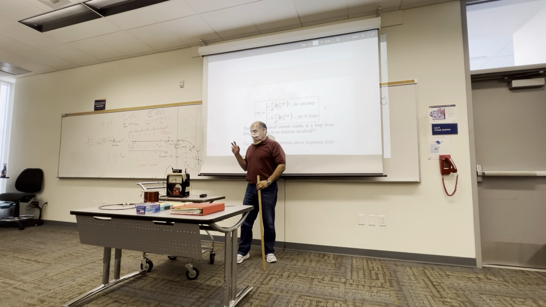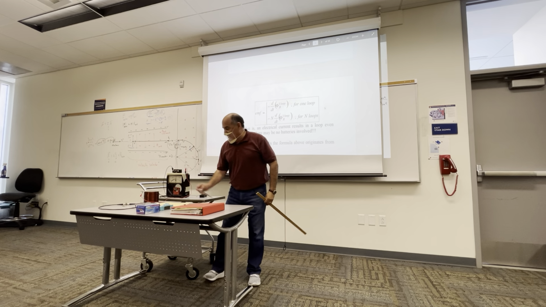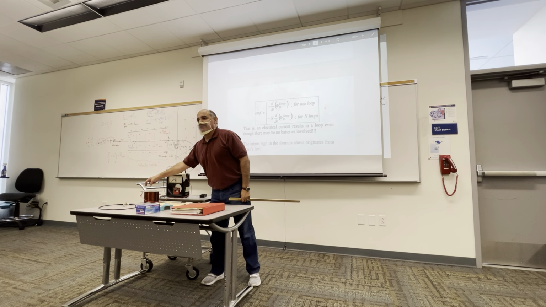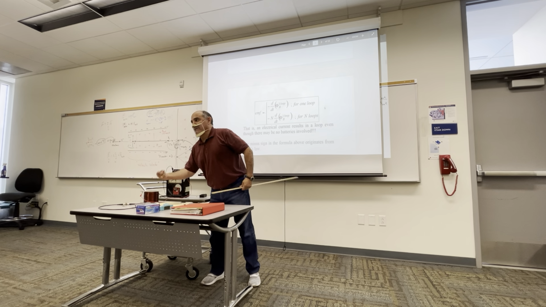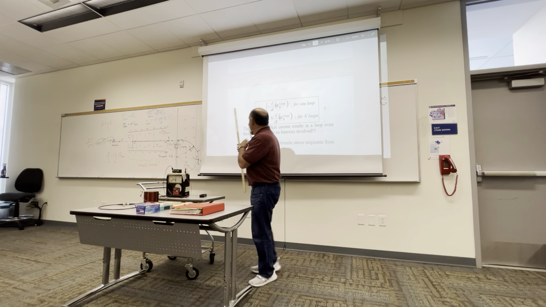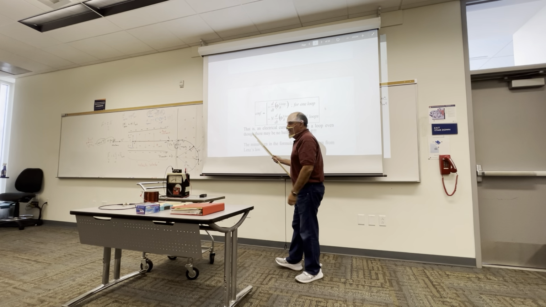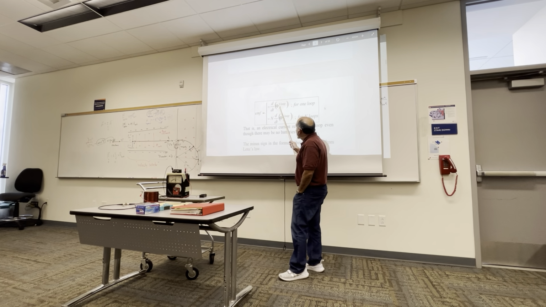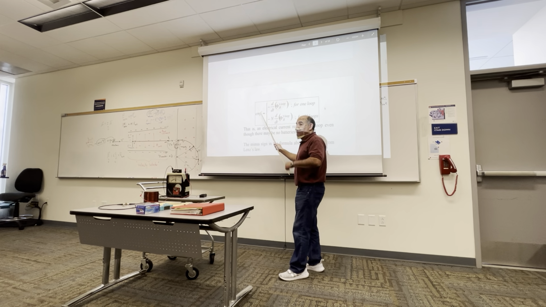By changing the amount of magnetic field through it, it's like I connected a battery to it, which drives this current in it. So this EMF is a voltage induced in the coil when the magnetic flux, the B means magnetic, changes. This is if you have one loop, or if you have a coil, then you have N turns. If the magnetic flux through the loop changes with time, there's going to be a voltage induced, which is going to drive a current.